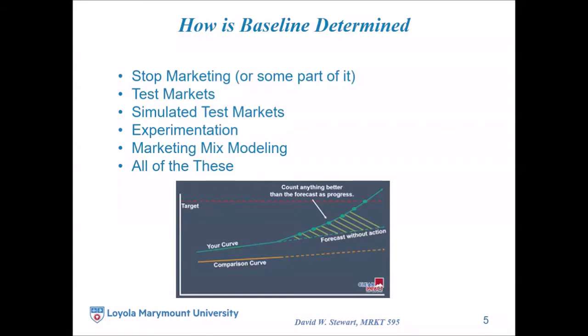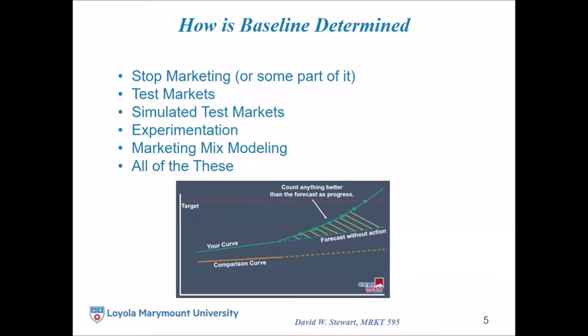You can use test markets, Fresno, for example. Let's do something in that market: stop advertising, change our advertising, decrease our advertising, and see what happens. And that has the advantage of isolating the effect. If it's a poor effect, then I won't do it again. If it's a positive effect, then maybe I repeat it in action.